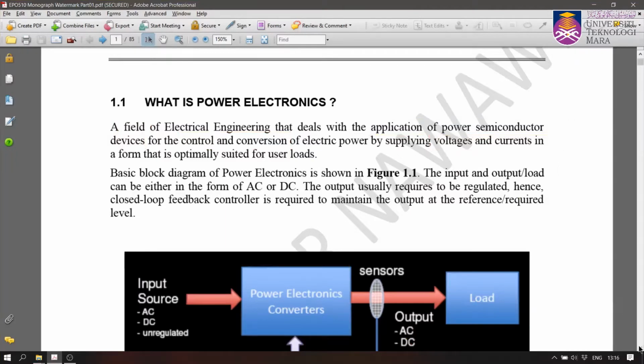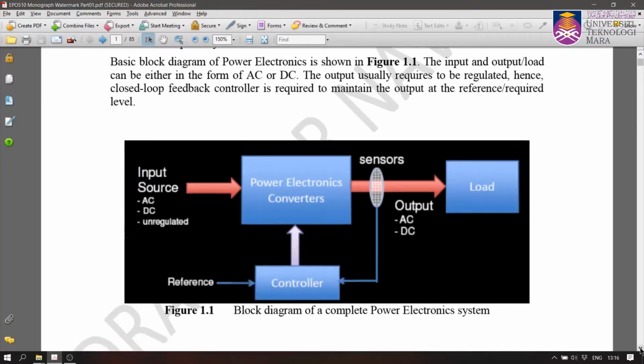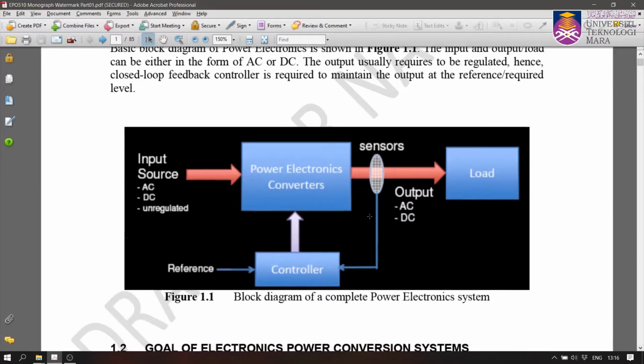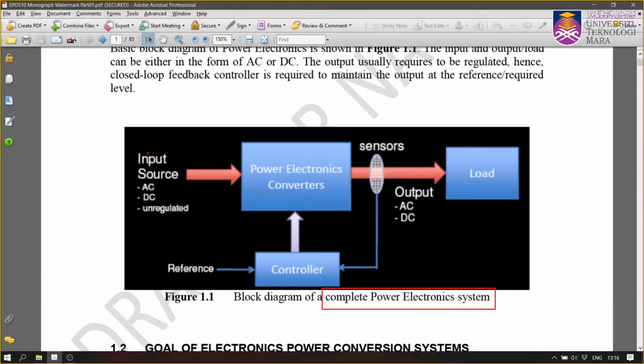If you look at figure 1.1, this is the basic block diagram of a complete power electronic system, whereby you have the input, the output, and the power electronic converters, as well as the controller.